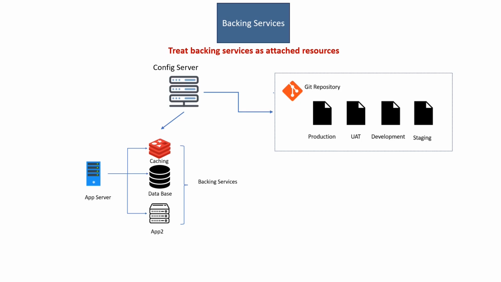So suppose any app server, app application, or web service that you're calling is changing, then you should not need to change your code base, but you should manage or track it via a Git repository and a config server, so that for any backing services, if there are changes, you are seamlessly updating your configuration at runtime.